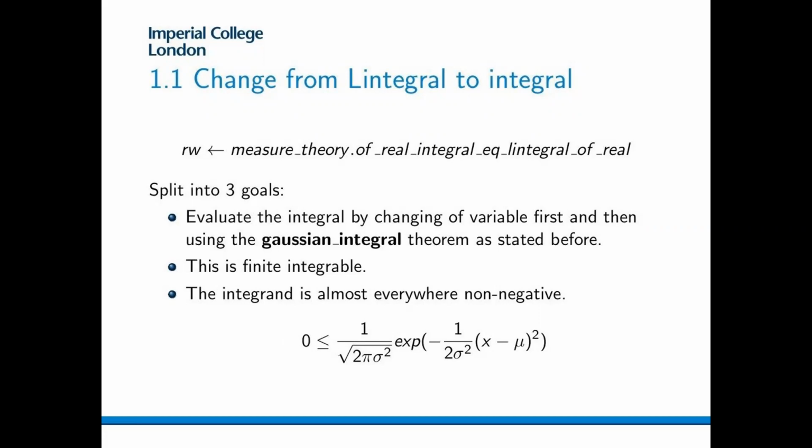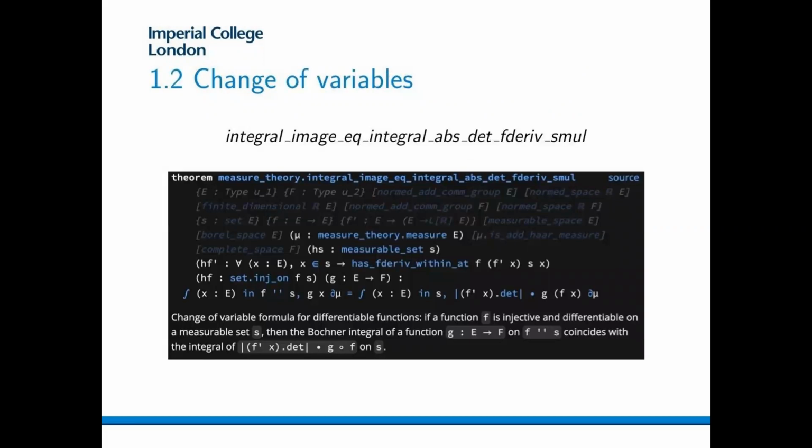These two parts are not very hard in Lean, so we are not going to talk about them too much. The hardest part is the change of variables. We have theorems in Lean that can help us do the change of variables, but it is really a hard part, because in order to use this theorem we have to fulfill all its prerequisites. That is to say, our universal set equals the image of the function, the proposition H prime here. We also need to prove that the function is injective, the proposition HF here.